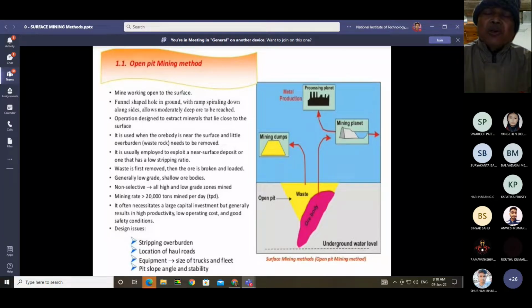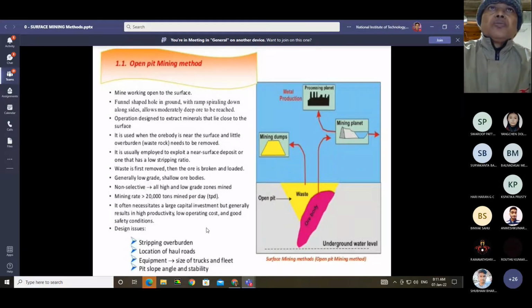And the other aspect which is to be designed for the surface mining methods is the pit slope angle and the stability of the pit slopes. So these things will be discussed in greater detail whenever these chapters come across.